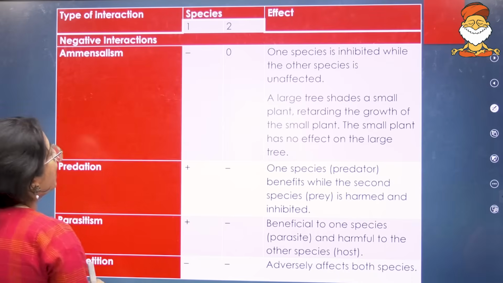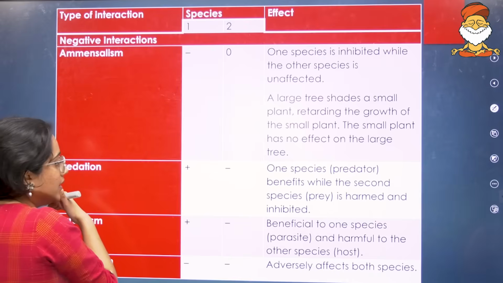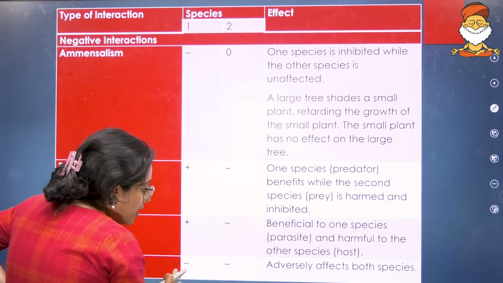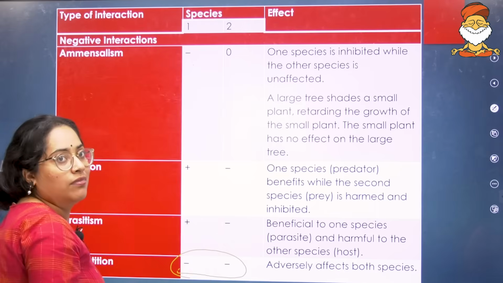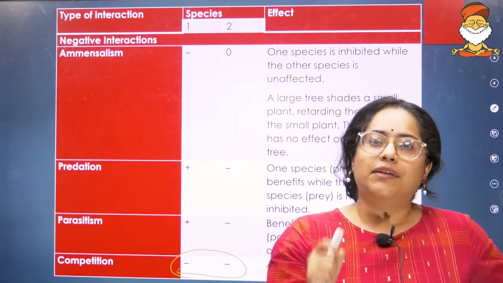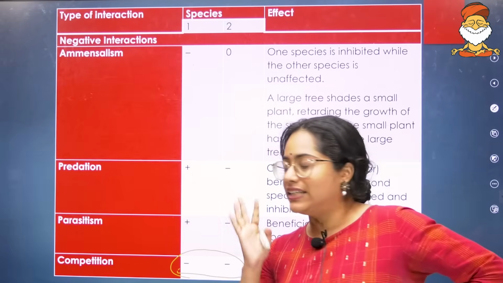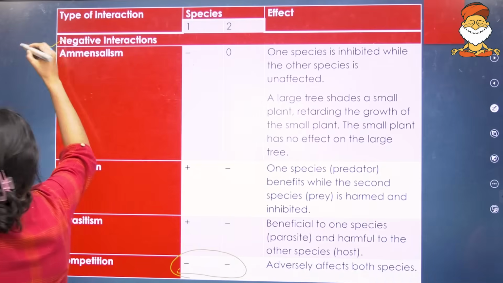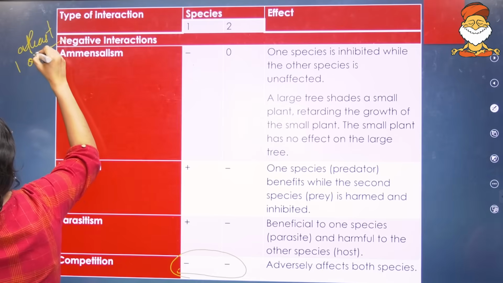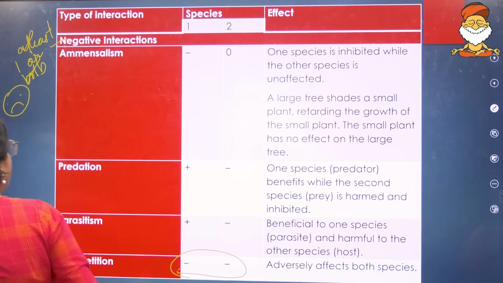Negative interactions are the ones in which when two species interact, at least one or at the most both of them are negatively affected by it. Okay, that means at least one of them or both of them will get negatively impacted.